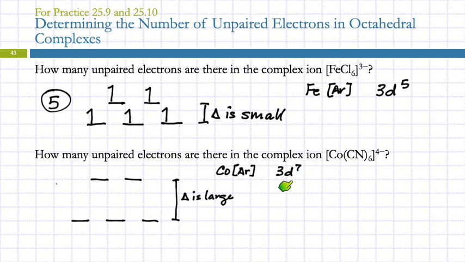So that leaves us with 7 electrons. So we put these in here. 1, 2, 3. Are they going to go up to first class? No. 4, 5, 6. Now number 7 has no choice. This coach cab is full, and so he has to pay and go to first class. So how many unpaired electrons? 1.